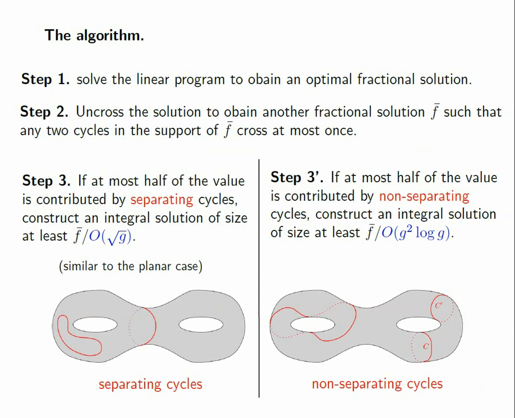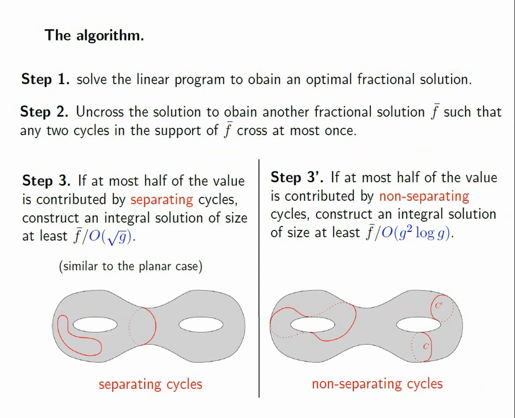To compute an integral solution of the edge disjoint path problem, we will first compute an optimal fractional solution. Then we will simplify the solution by getting rid of unnecessary crossings. During this uncrossing step, we will only lose an epsilon fraction of the value, for an arbitrarily small epsilon.